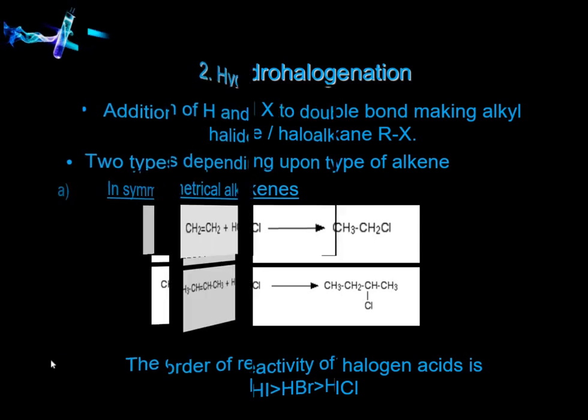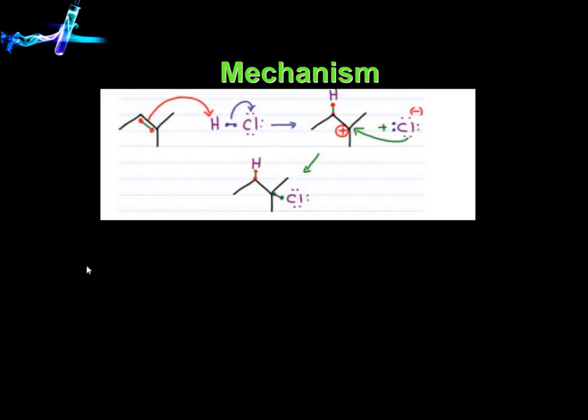The mechanism of the reaction can be shown in this way. This is a double bond which is shown with the green line, and two carbon atoms are holding these two electrons between them. When HCl is making a bond, the heterolytic breakage will be done.